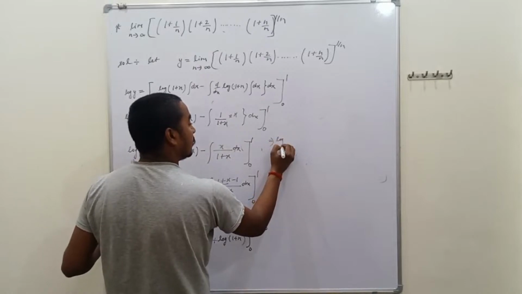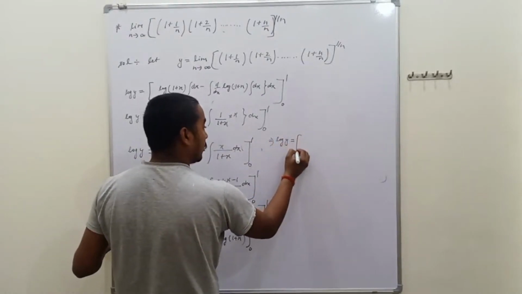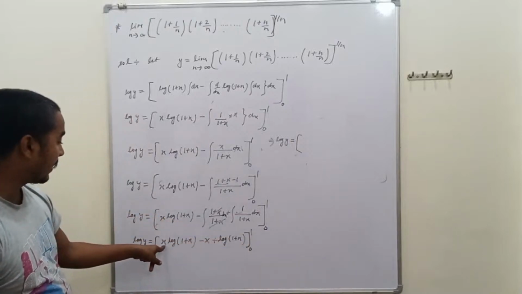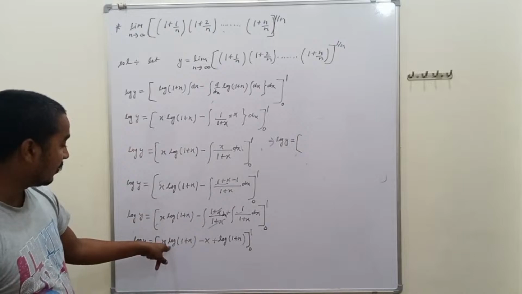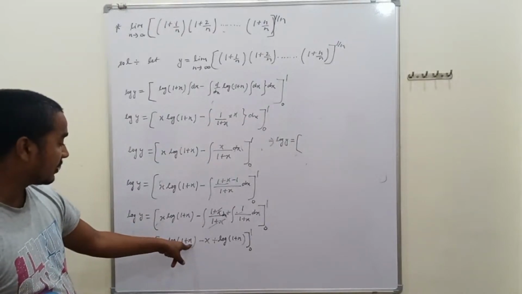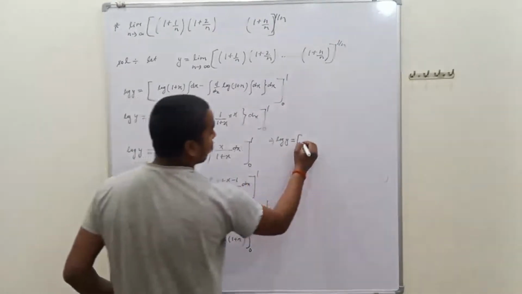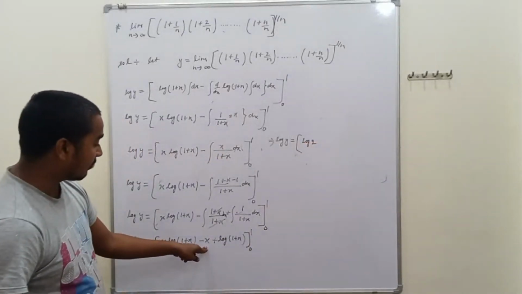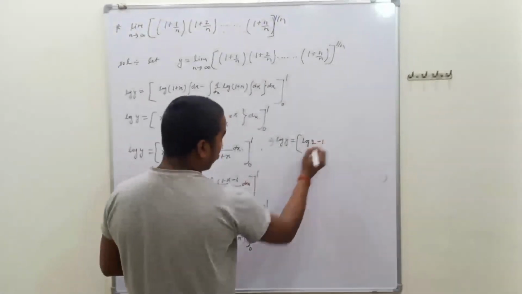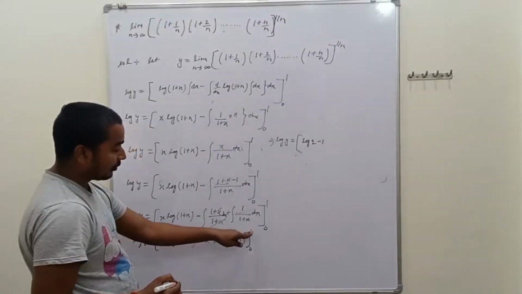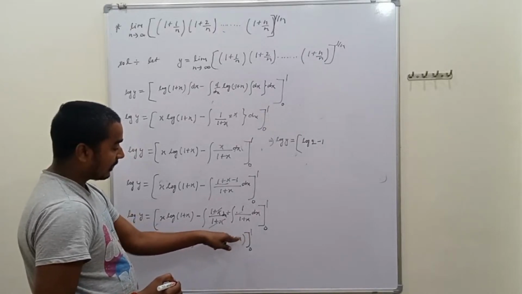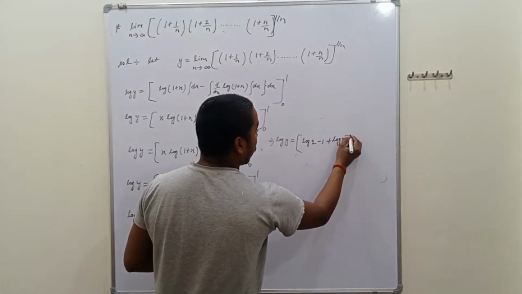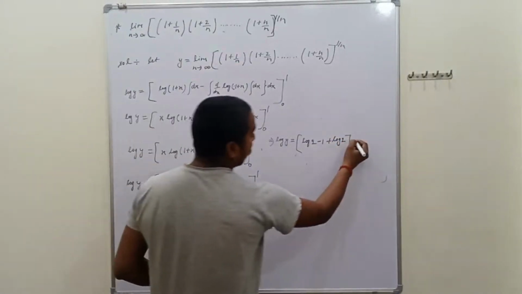Log y is equal to, we first apply the upper limit, that is in place of x we write 1, here is 1 times log 2, and from here we put minus of 1, with x equal to 1, plus log 2, and further we proceed with the lower limit.